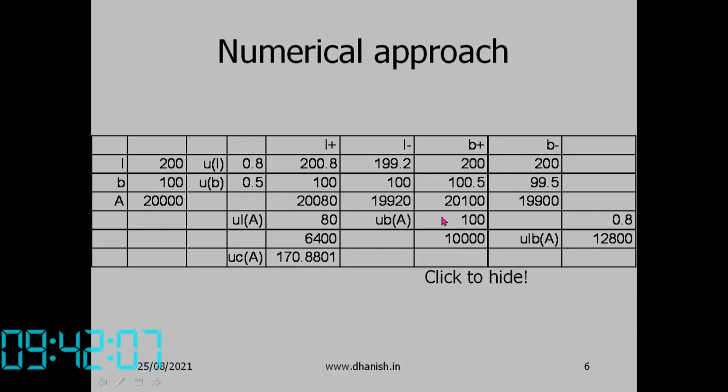Find out the areas. Uncertainty in area due to length is this minus this by 2. Uncertainty in area due to breadth is this minus this by 2. And this is the correlation coefficient. So this squared plus 2 into this, that is this. Then add all these three, take square root. This will be the combined standard uncertainty in area.